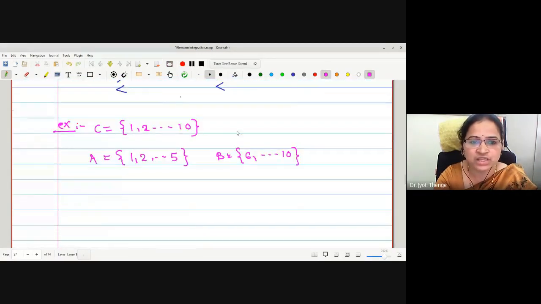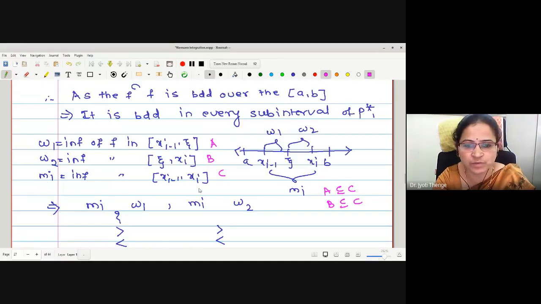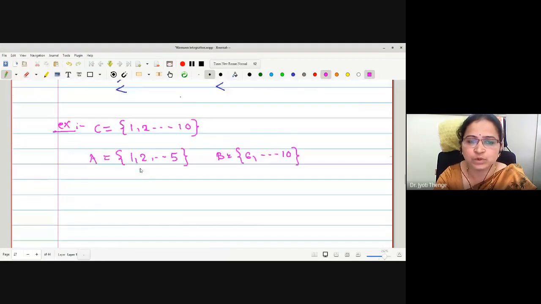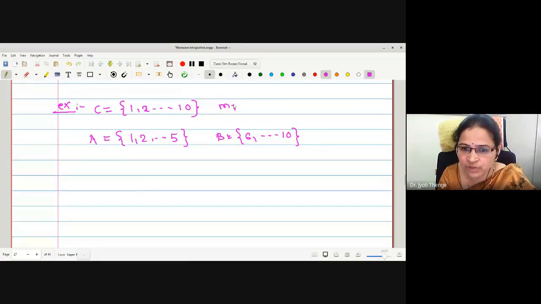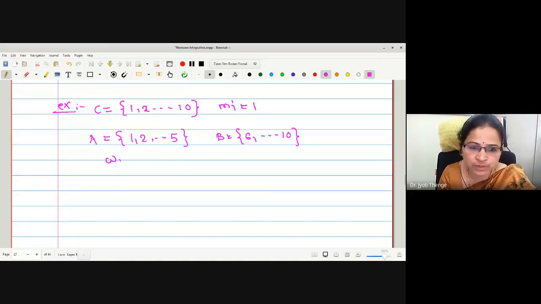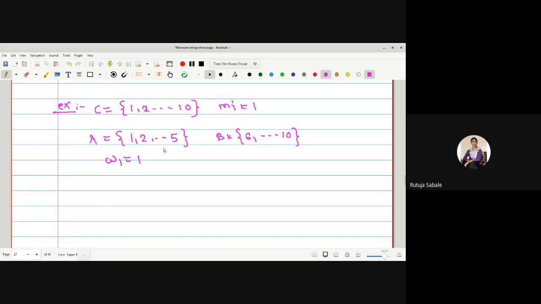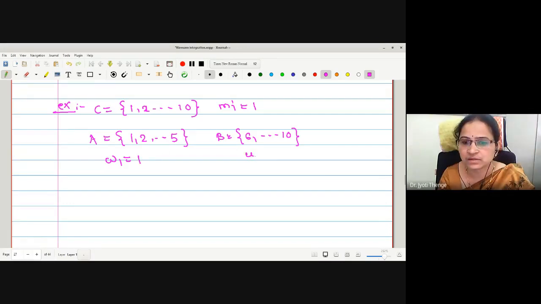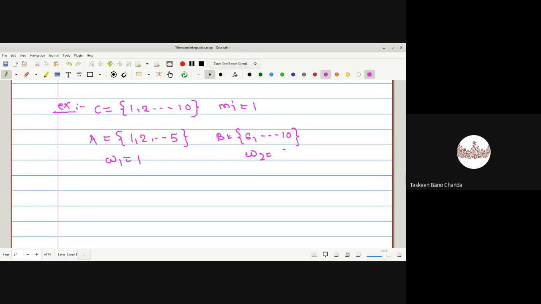Then what is the infima of this C? What is the symbol we have used for the infima of C? Mi. Correct. For the infima of A it is W1. For the infima of B it is W2. Therefore, what is the Mi value here? 1. What is the W1 value here, the infima of A? 1. The infima of B? 6.